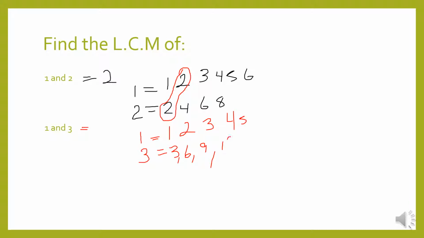And we can already see the lowest common multiple, and they both have the number 3. So the LCM of 1 and 3 is 3. Are we seeing the pattern? The LCM of 1 and 4 will be 4. The LCM of 1 and 10 will be 10. The LCM of 1 and 20 will be 20. The LCM of 1 and 6 will be 6.